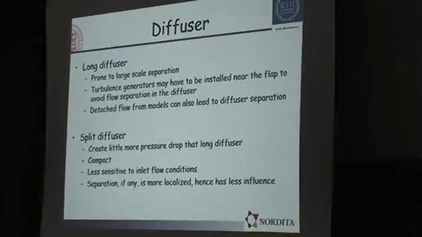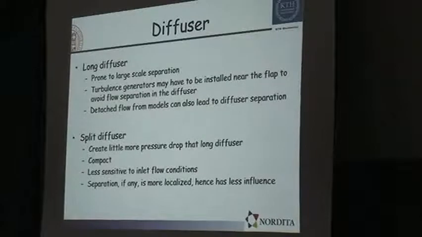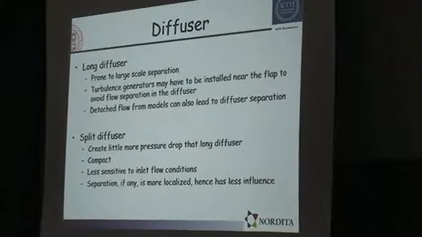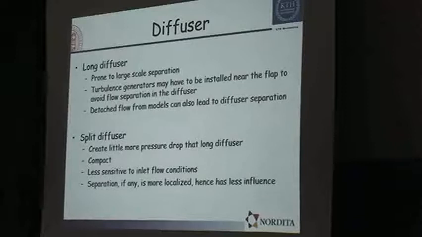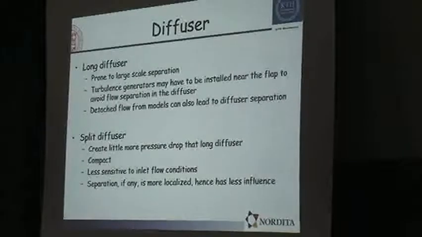Now the alternative is to use split diffusers. Basically it's the same thing as your diffuser, if you have the diffuser on the side like that. Now what you do is put plates into it. If you look from upstream, you're going to have something like a grid like that. So you divide your big diffuser into smaller ones.